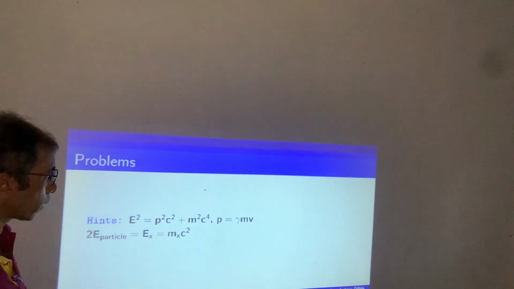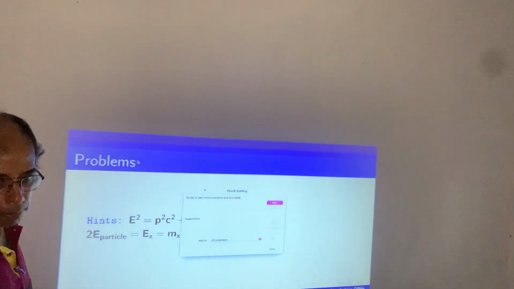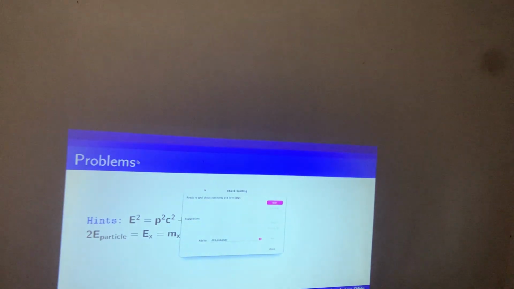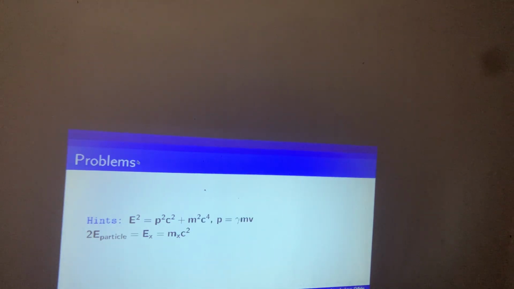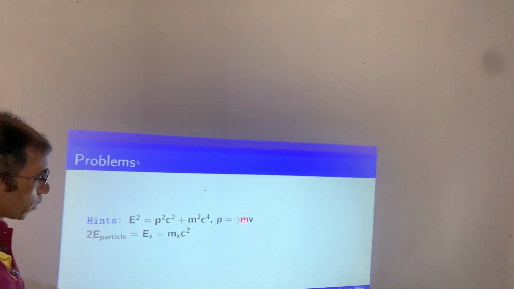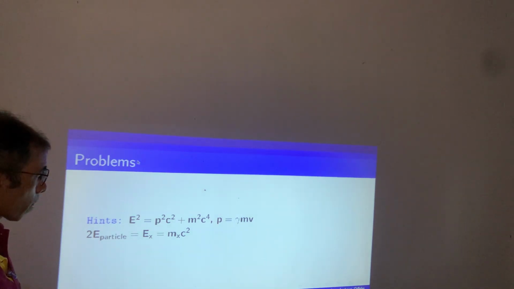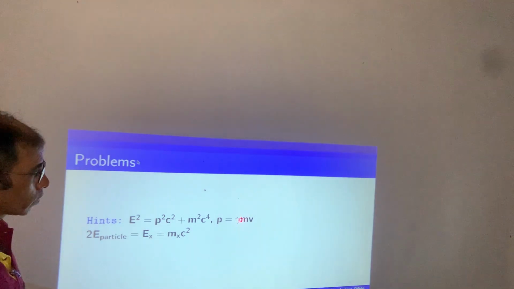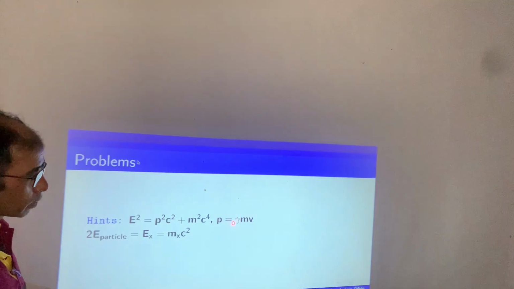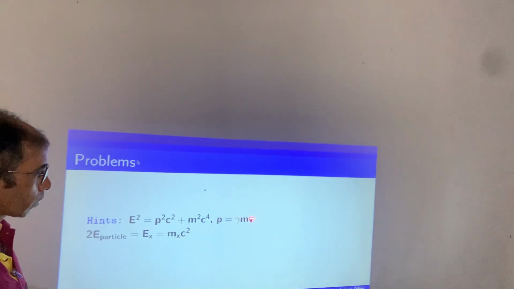And once we find out the momentum of each particle in terms of the rest mass of X, we will put it here, and then this we know, gamma, we know what gamma is in STR, and from here we can find out the velocity.